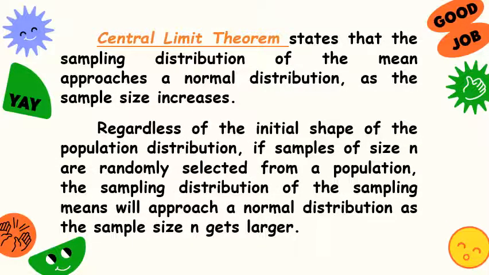So, regardless of the initial shape of the population distribution, pwedeng skewed to the left or skewed to the right, if samples of size n are randomly selected from a population, the sampling distribution of the sample mean will approach a normal distribution as the sample size n gets larger. So, ibig lang sabihin nun, mas accurate yung nakukuha nating result habang tumataas yung ating sample size o yung ating n.